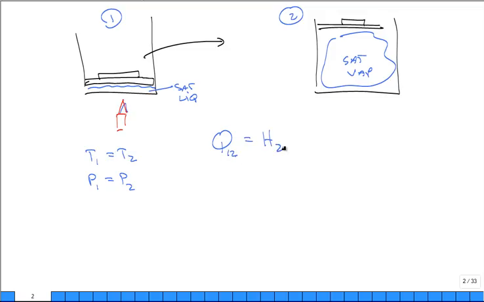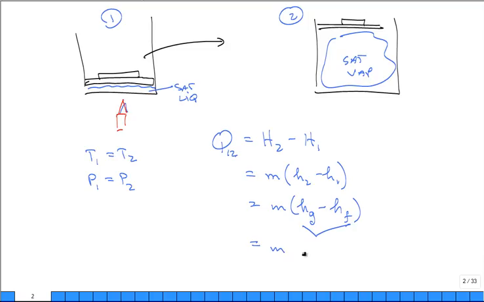Well, it's the final enthalpy minus initial enthalpy, the mass times the H2 minus H1, the mass times the enthalpy of saturated vapor minus the enthalpy of saturated liquid. That difference in enthalpy on a mass basis is commonly called HFG.